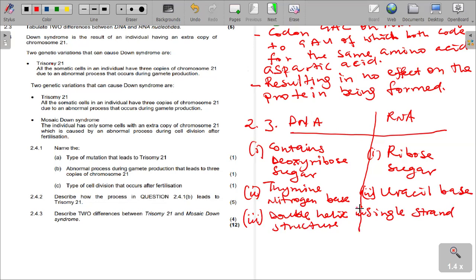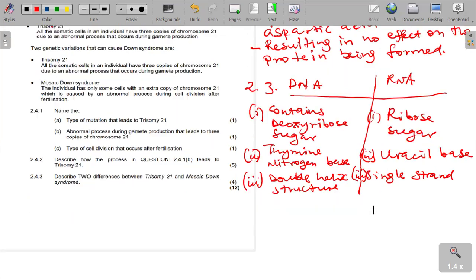DNA has a double strand. We are saying DNA has a double helix structure and RNA has a single strand, which are the key differences, and I'm sure you remember them.